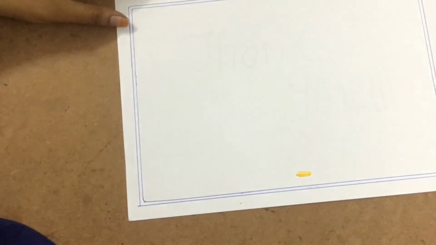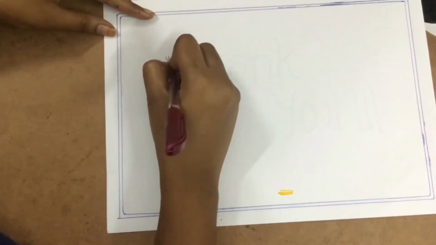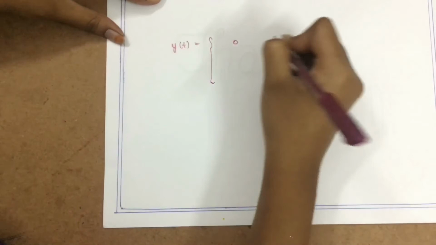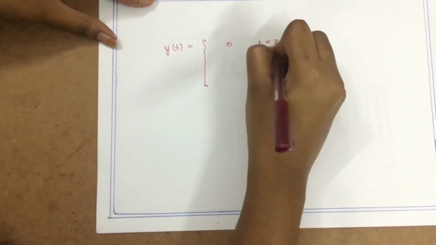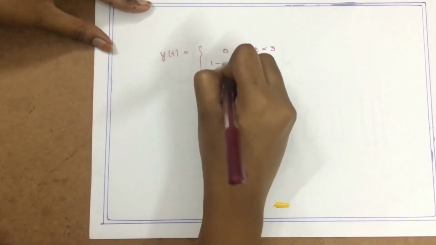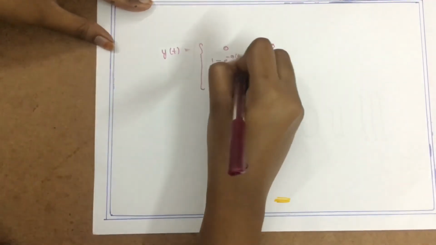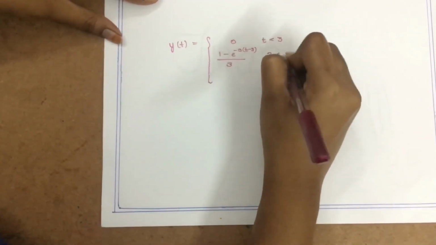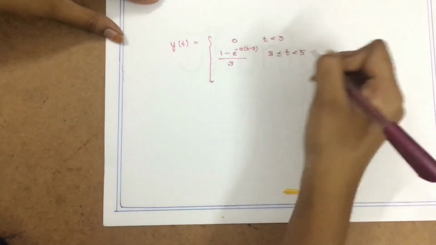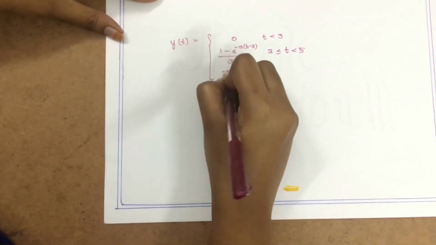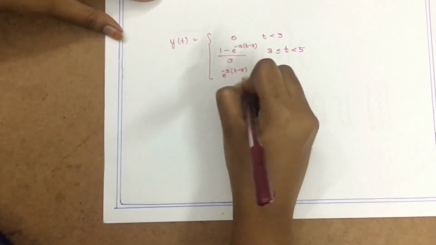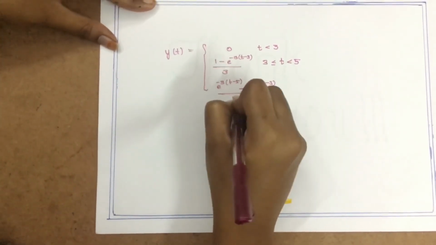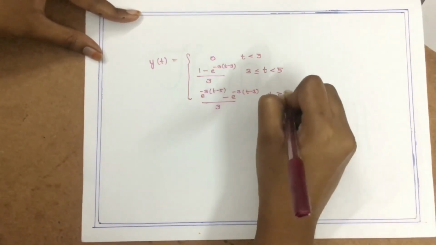Therefore, the final solution of y(t) is given by 0 for t less than 3, (1 minus e^(-3(t minus 3))) divided by 3 for 3 less than or equal to t less than 5, and (e^(-3(t minus 5)) minus e^(-3(t minus 3))) divided by 3 for t greater than or equal to 5.